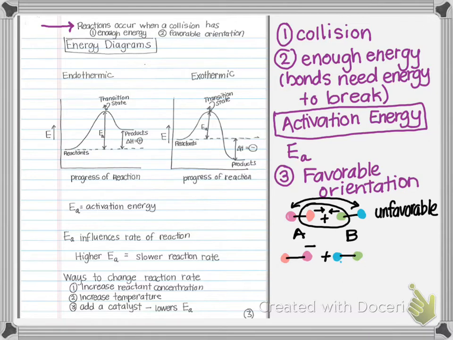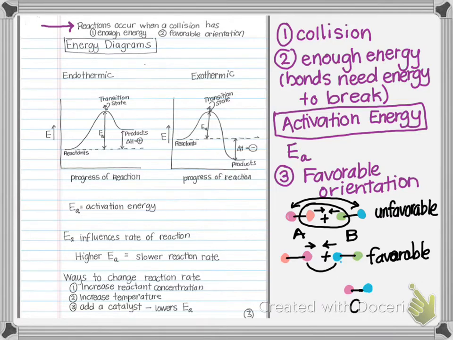Now when they collide, these two are the ones that I want to get together, so this would be favorable. My new molecule, C, just saying this is what I wanted to form, would have these two right next to each other. And so the bond could break, and then they would form because they would be right next to each other.